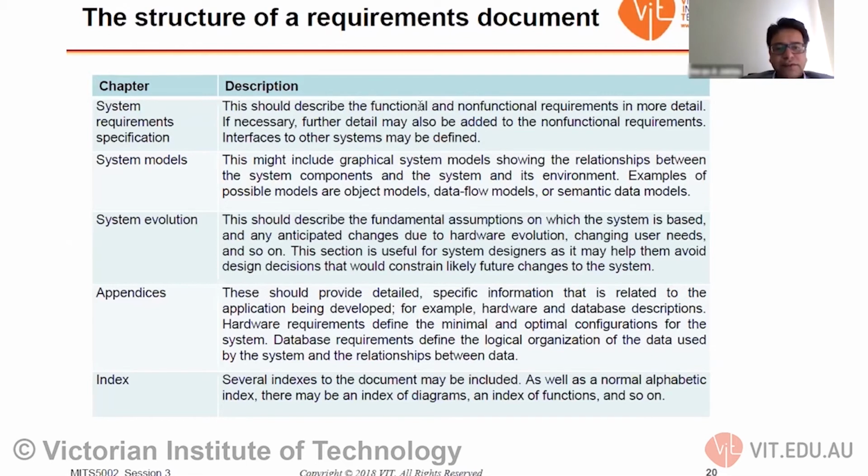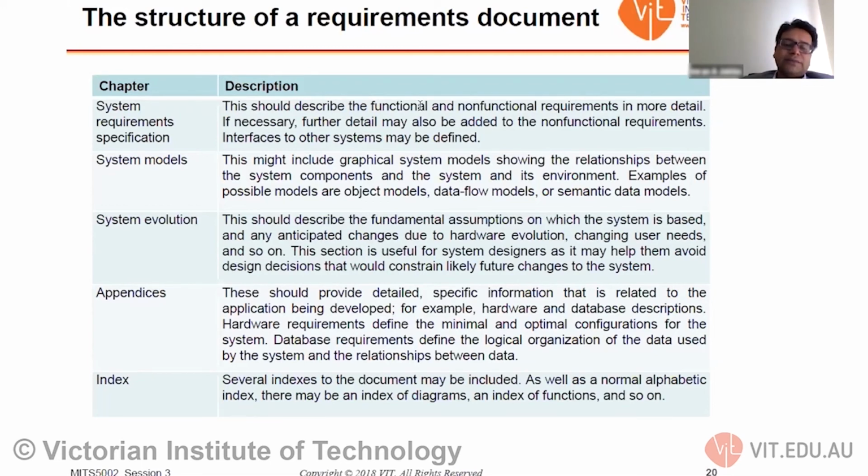And system evolution. Here you describe the fundamental assumptions on which the system is based, and what may be needed in future, and what the changes are due to. Changes could be because of the users, or you might anticipate certain changes which might come in years in terms of hardware, software, user need, or anything that might affect the existing system so that you have to change the design.